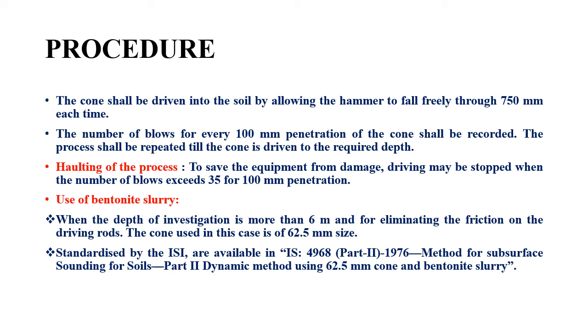And then we will be recording the number of blows for every 10 centimeter penetration of the cone. Okay, there we were recording the number of blow counts for every 15 centimeter penetration. Here in the dynamic cone penetration test, the number of blows for every 10 centimeter penetration of the cone shall be recorded. Okay, and this procedure will be continued up to the depth we desire.